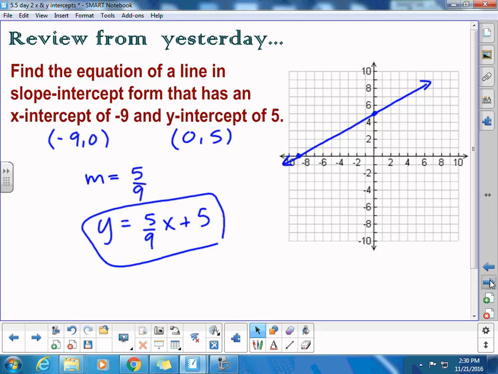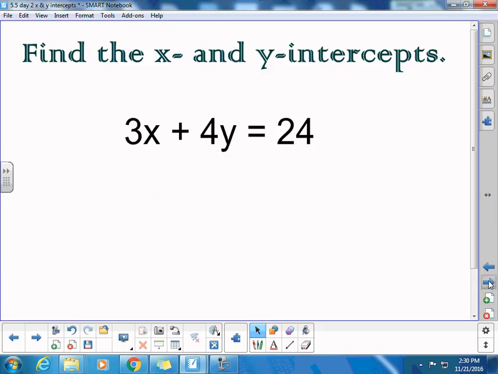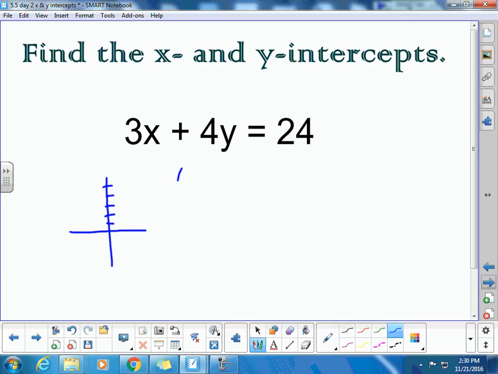You can plot those 2 points out, (-9, 0) and (0, 5), and then you can figure out the equation from the graph. Now, find x and y intercepts. Remember when we had x and y intercepts, we talked about where it hits the y-axis is when x is 0, right? So when x is 0, what's y?